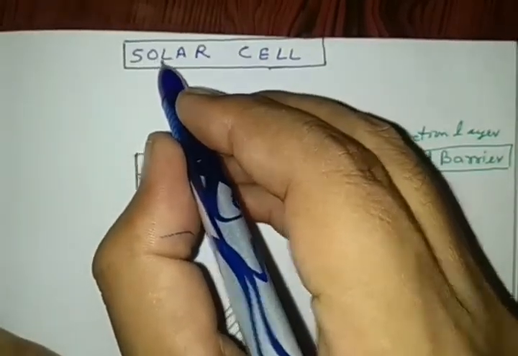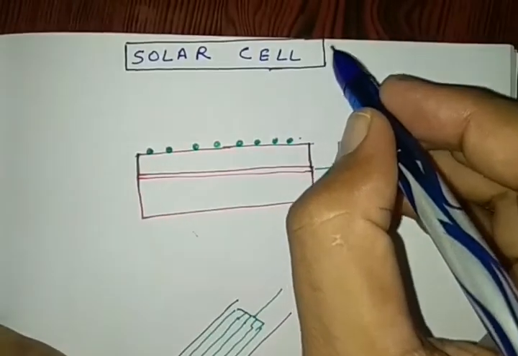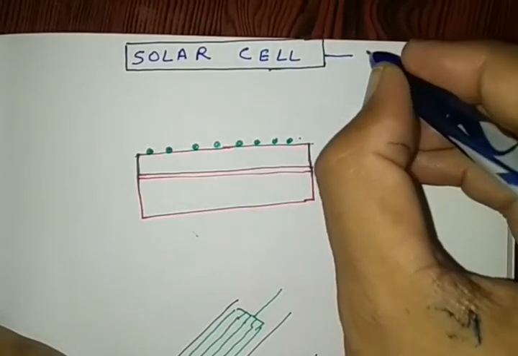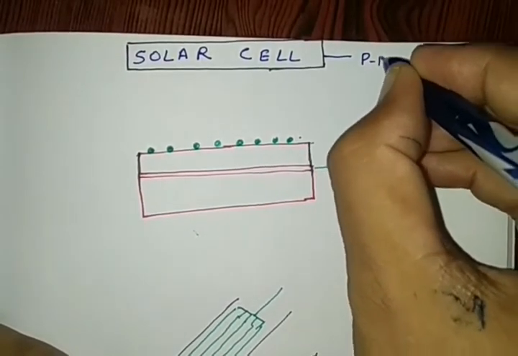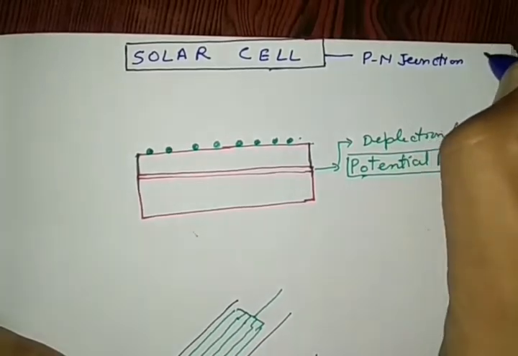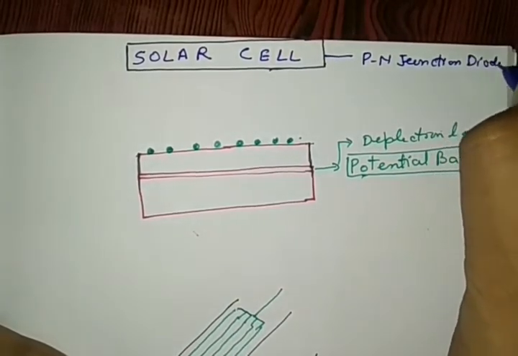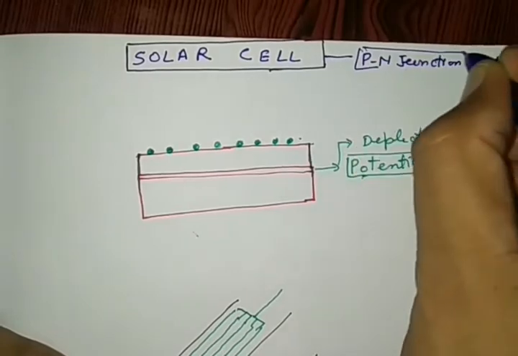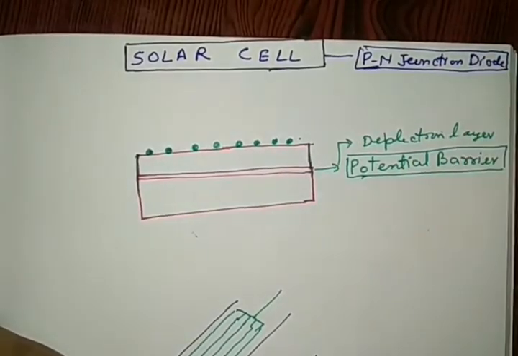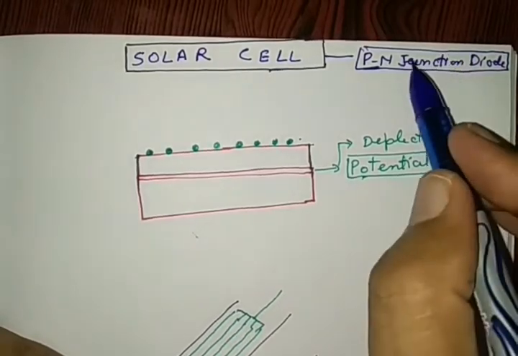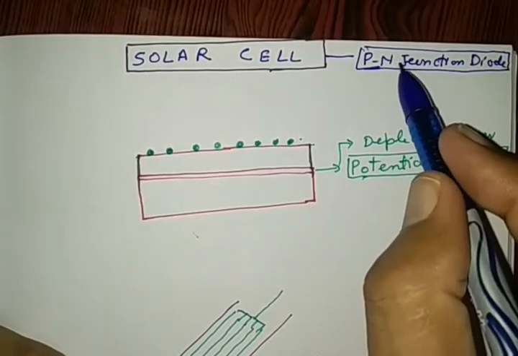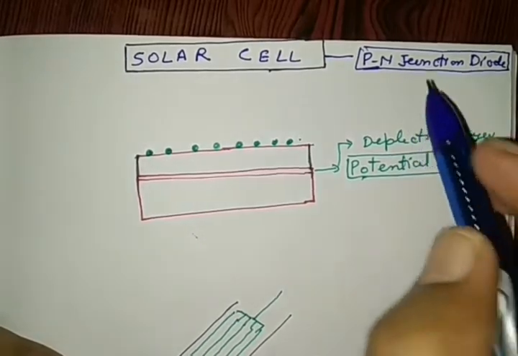This is solar cell. Solar cell is a type of PN junction diode. It is a type of PN junction diode, same as the other diodes, but the thickness of the P type and N type is somewhat different from others.